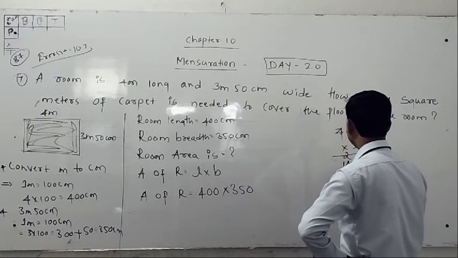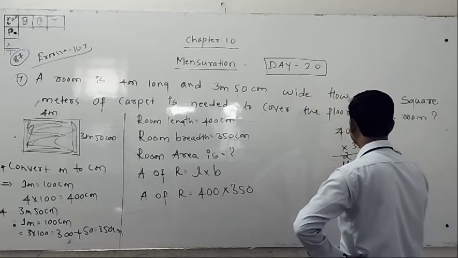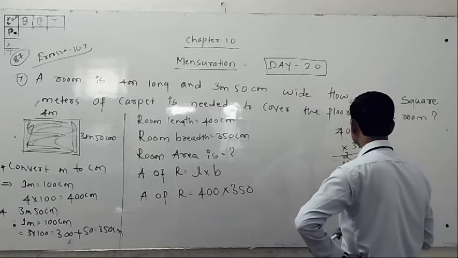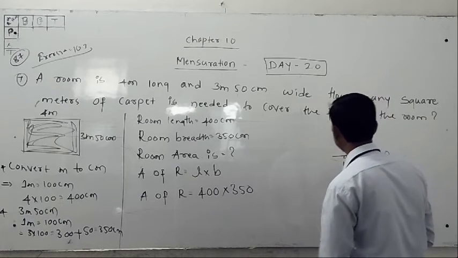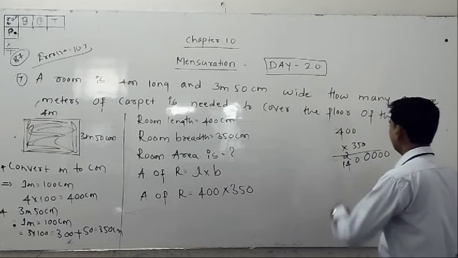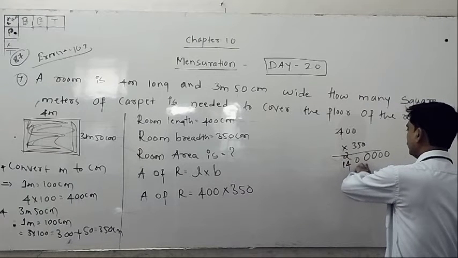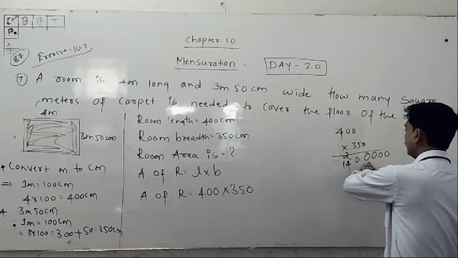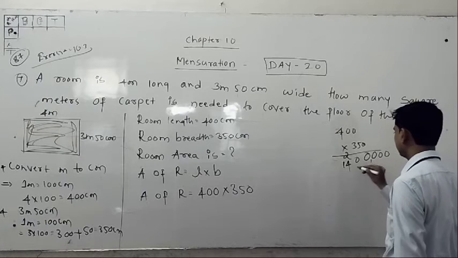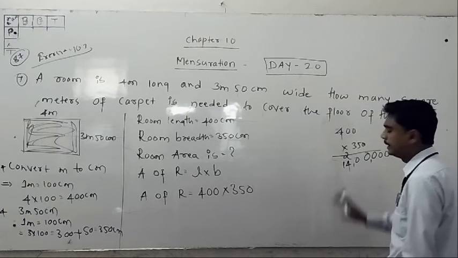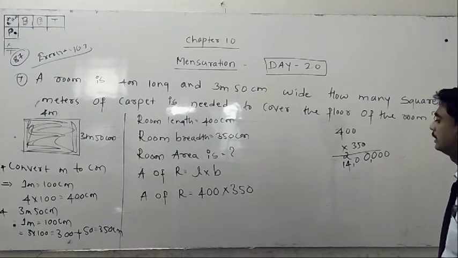Okay. Then 1 2 3, 1 2 3. Because 5 4s are 20, 1 0 is coming already, and yes, it is 14 lakh.